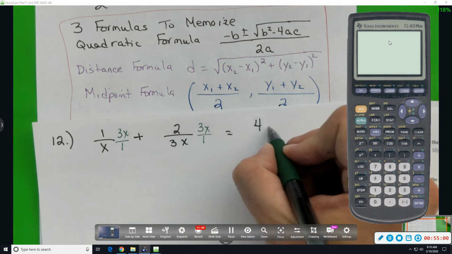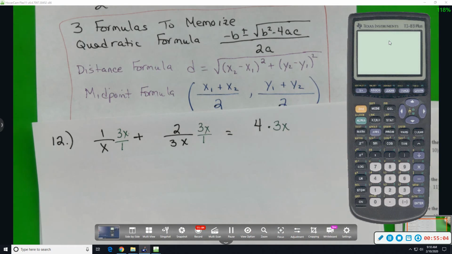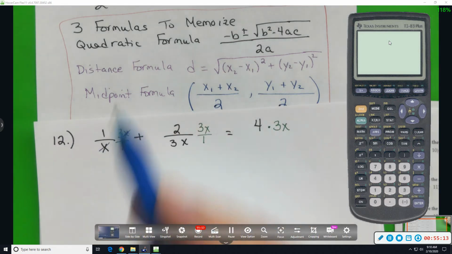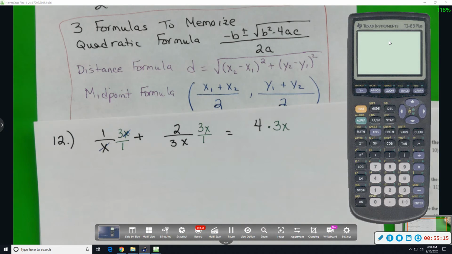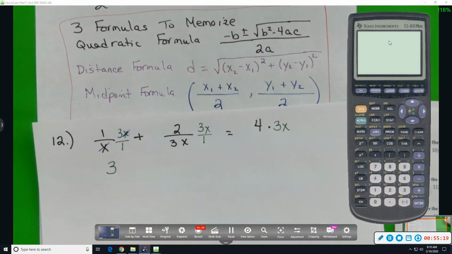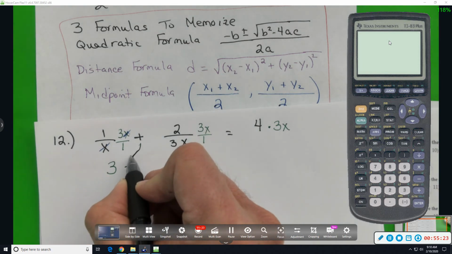Now be careful. Even the number over here that doesn't have a variable or a fraction, you've got to multiply by 3x. So let's see, canceling. The black x and the green x cancel, leaving a 1 times 3, so just a 3. The plus I'm about to write is this plus right there, just carrying it down.